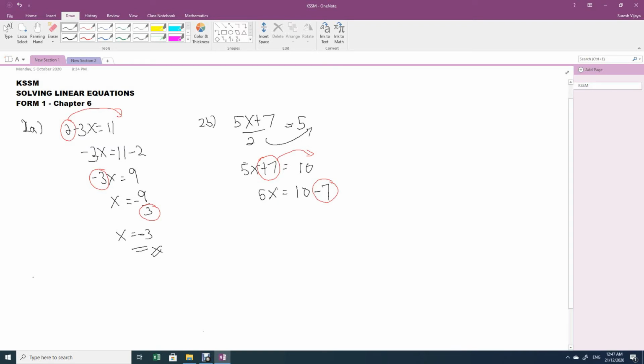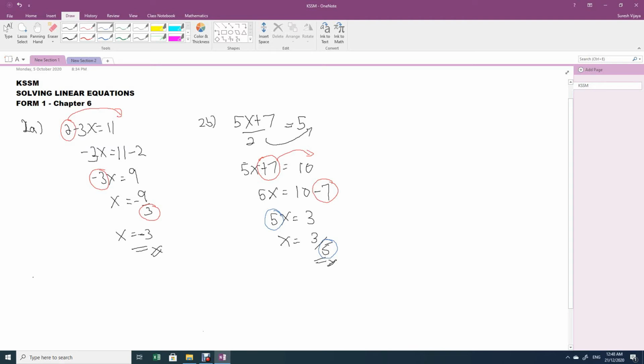Okay, so next what we have is 5x equals 3, so x equals 3 over 5. So I've shown you, when this number is being multiplied, when you bring it over, it will be divided. Okay, so that's how we solve this equation.